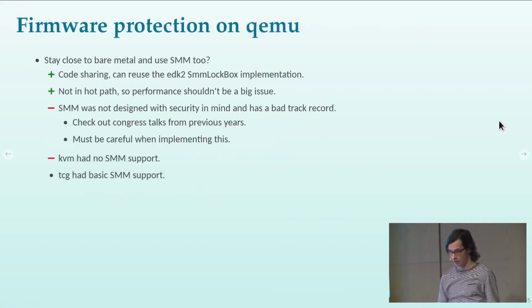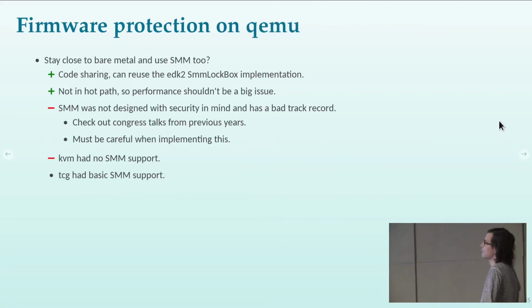So the question is, are we going to do the same on QEMU or something else? The advantage, of course, is we can hope to not have to write too much new code, because if we're implementing system management mode in QEMU, we can use existing firmware code, for example, from the EDK2 toolkit.